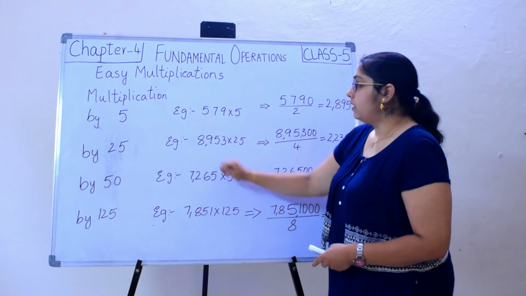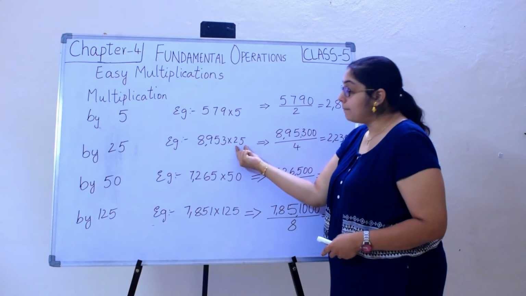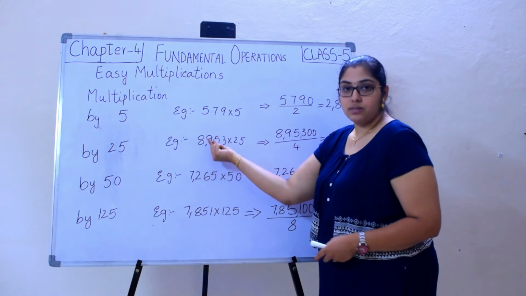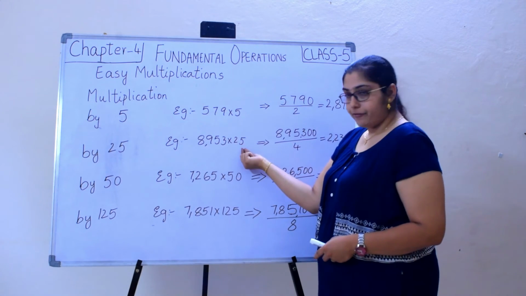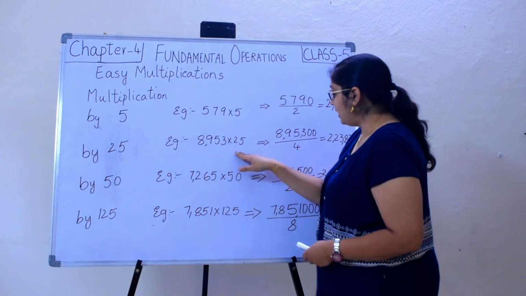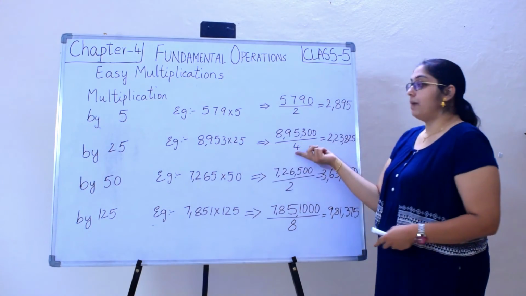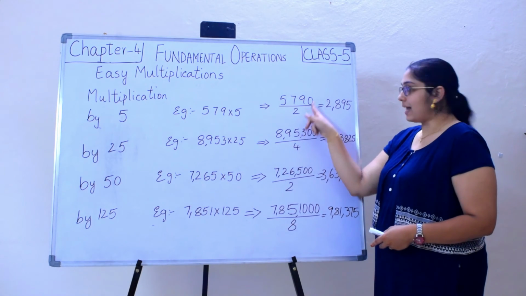Okay, now moving on to by 25. When you are multiplying a number with 25, what we need to do? The number is 8953. I am doing into 25. I need to add 2 zeros to the number and divide it by 4. See, for 5 I need to divide it with 2 and add 1 zero.